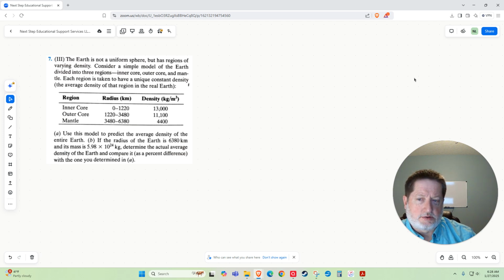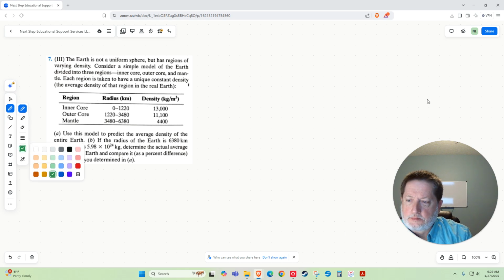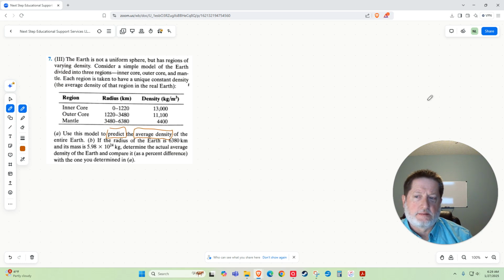So go ahead and take a moment to wrap your brain around that and see if you can come up with a plan. Now, the thing they're asking us for in this problem is a prediction of the average density of the Earth based on these values we have up there. We have 3 different regions, each with their own radius.